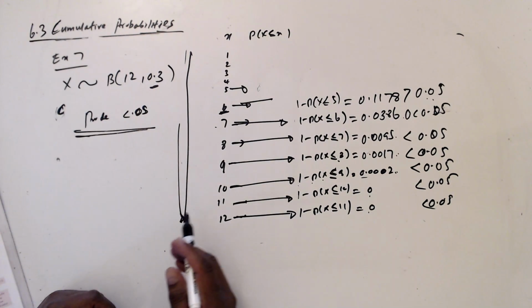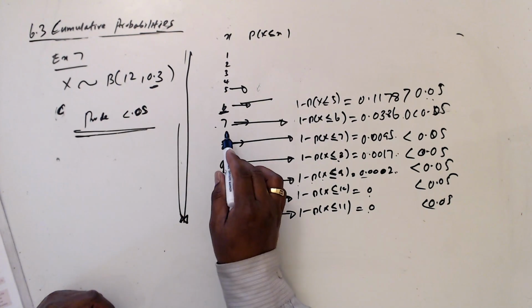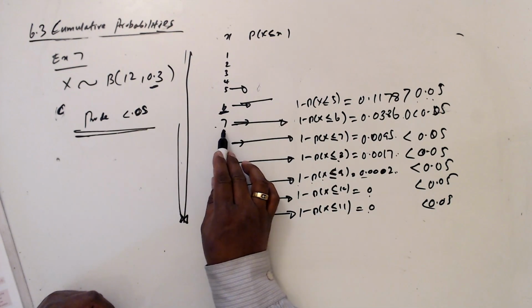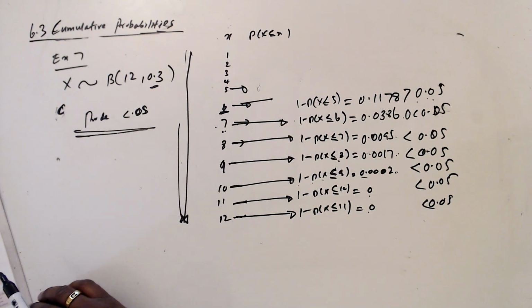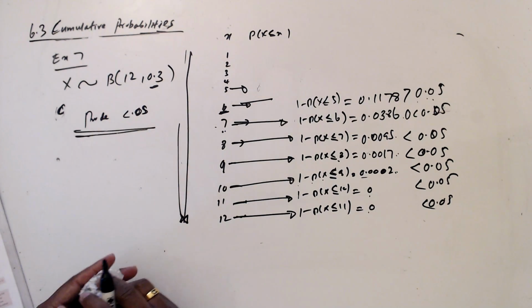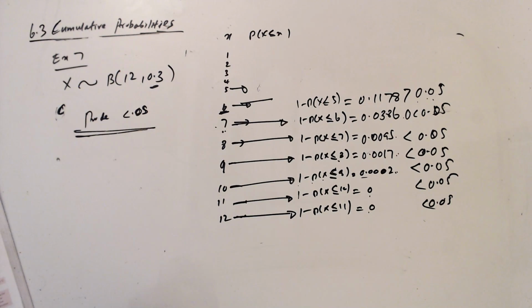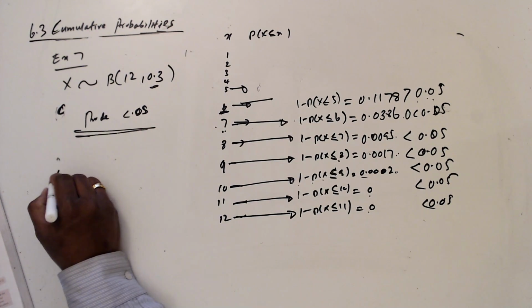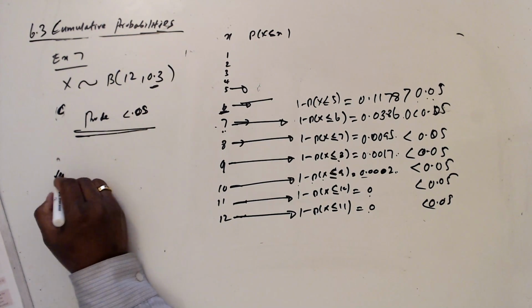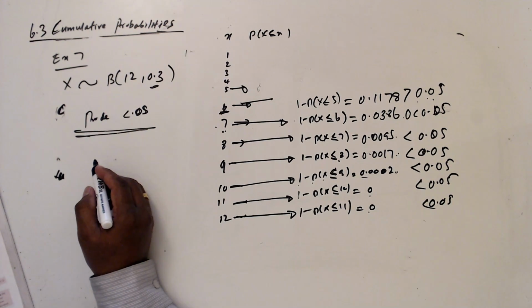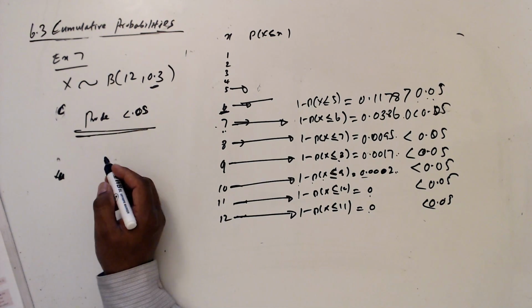If you get at least 7, 6 is not, so at least 7, then you will win the game or win this prize. So you can finalize this one. You can tell if you get 7 or more reds, you will win the prize.